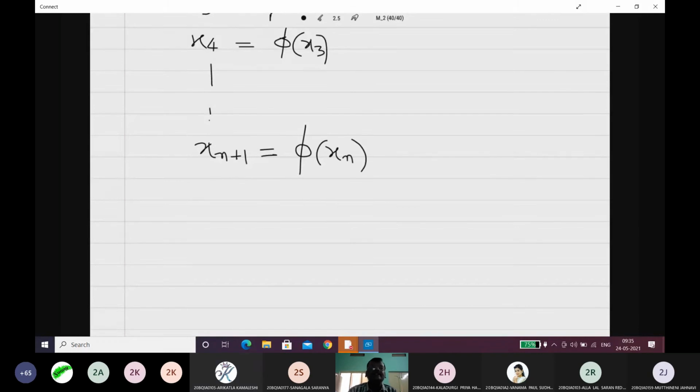At some stage xn is equal to xn plus 1, then we stop the solution of this method.